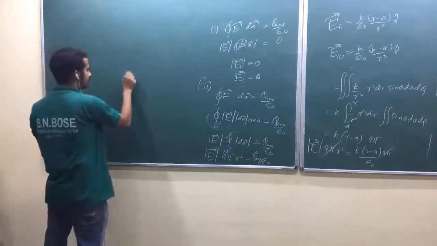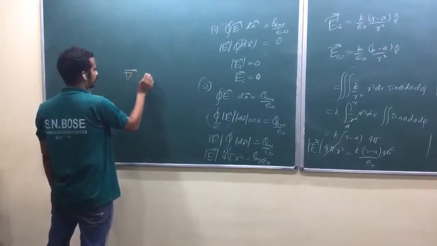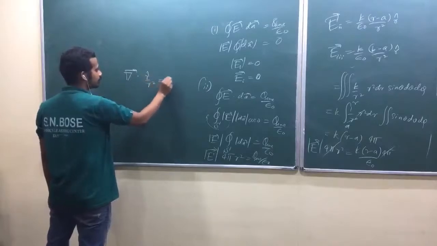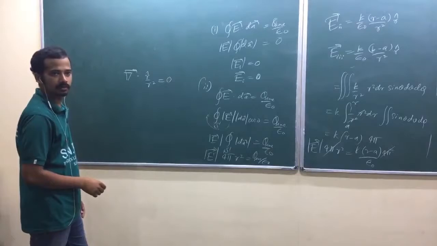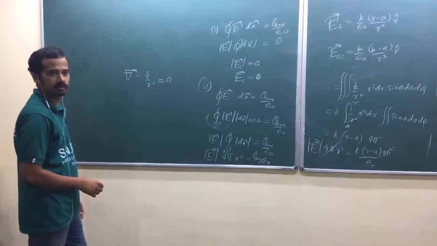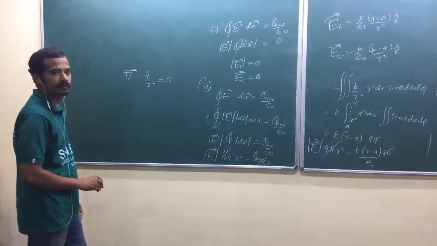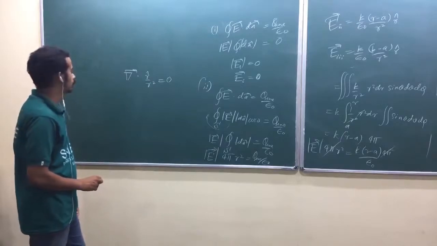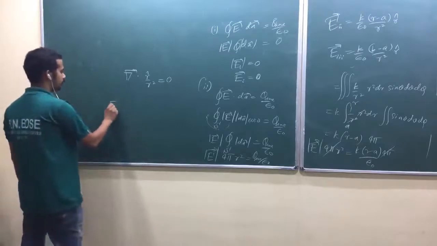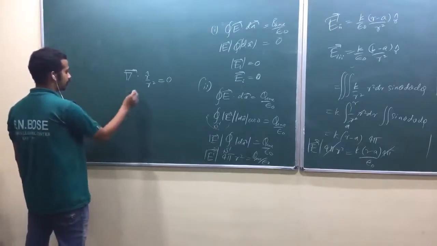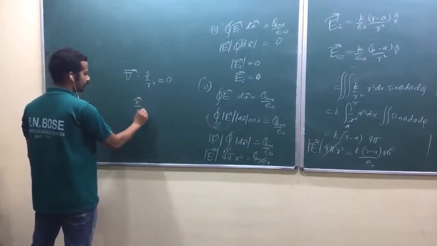My question is, how did we show that del dot r by r square r cap is equal to 0 using Cartesian form? We have written r vector by r cube, am I right?